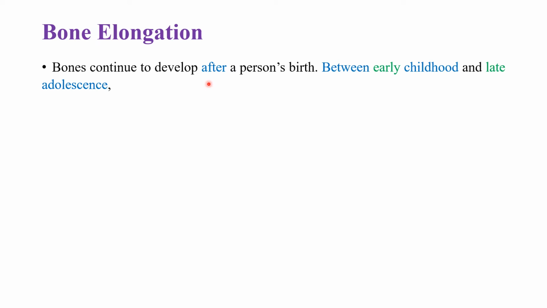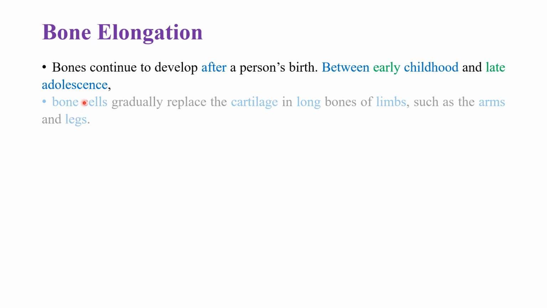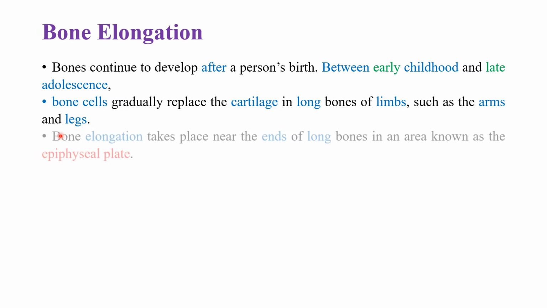Now we are going to talk about bone elongation. Bones continue to develop after a person's birth, between early childhood and late adolescence. Bone cells gradually replace the cartilage in long bones of limbs, such as the arms and legs.